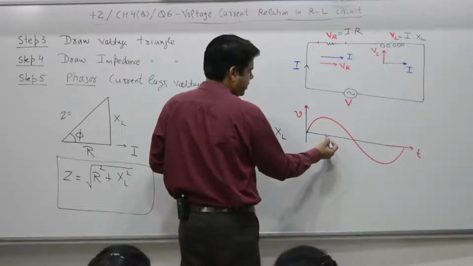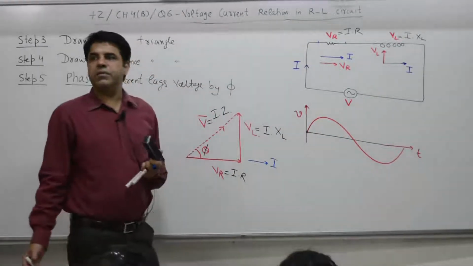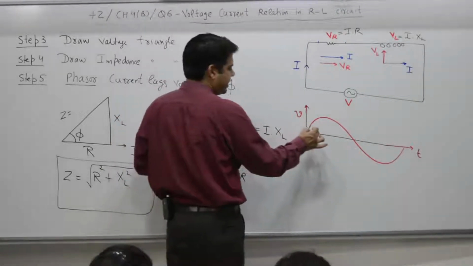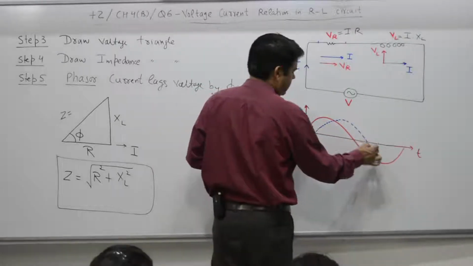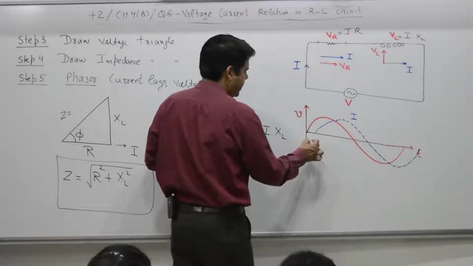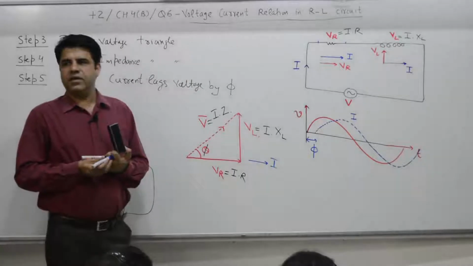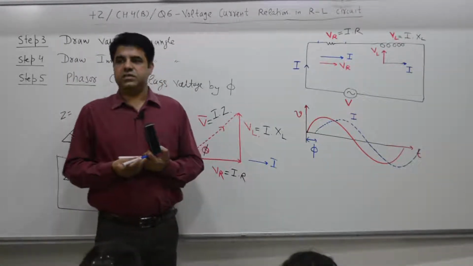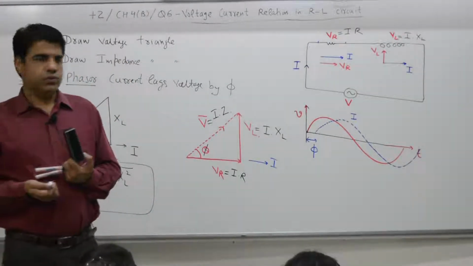If I start from here, then current and voltage have phase angle pi by 2, 90. Here, phi, let me think of 30 degrees, then current, this is I, lags voltage by phi. If phi is equal to 0, the two are in phase. If phi is equal to pi by 2, current lags voltage by pi by 2.